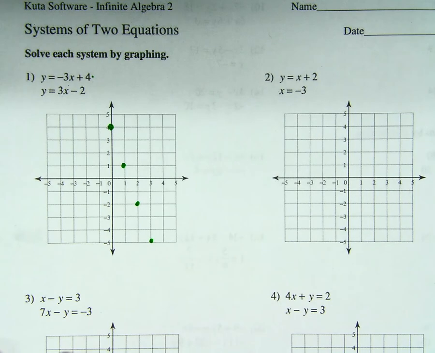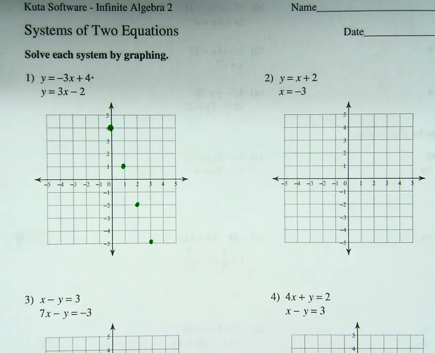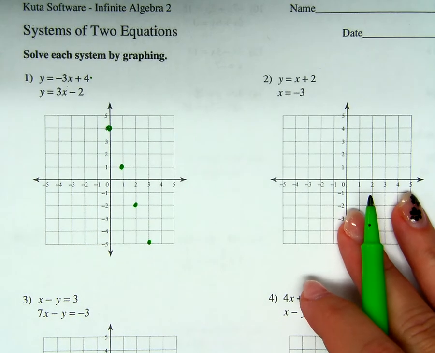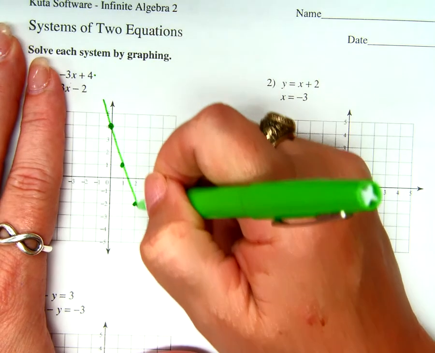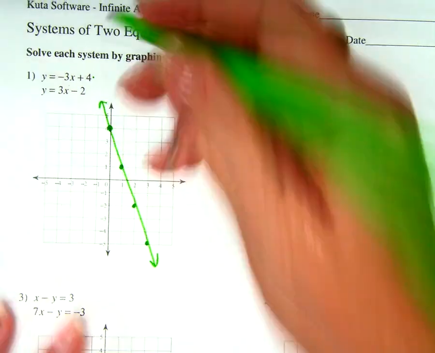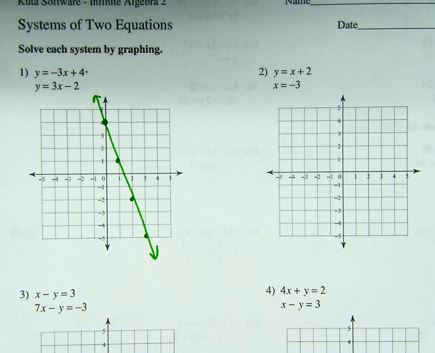Now, how many points does it take to make a line? 2. Then why did I draw 4? Well, isn't it easier to see now? Isn't the line easier to see now? How do we graph the second line?